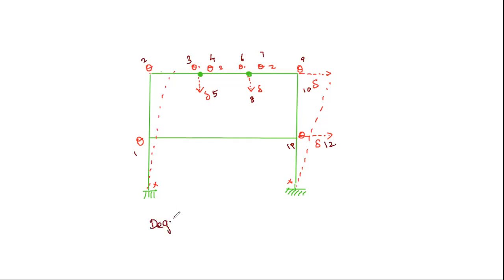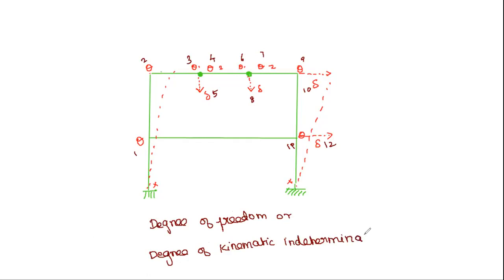So the degree of freedom or degree of kinematic indeterminacy of this given structure is 12.